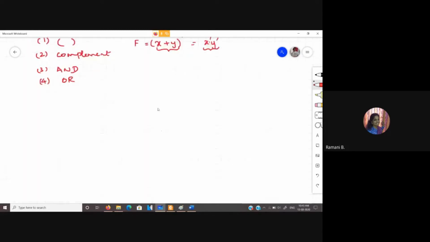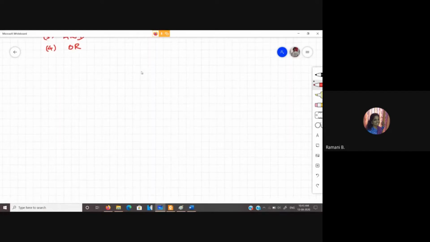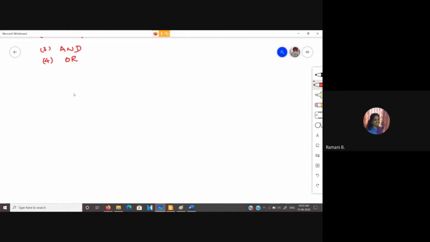Next we shall see the Boolean expression or function; you can call it either way. So far, with respect to the truth tables for the logic gates, we have seen some of the expressions.